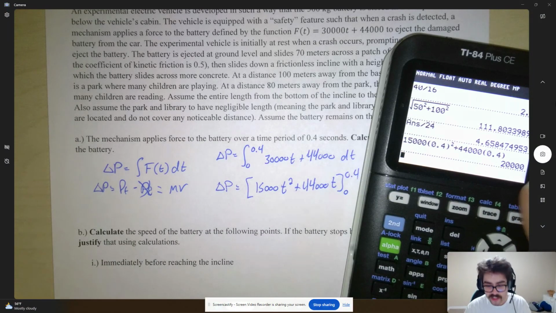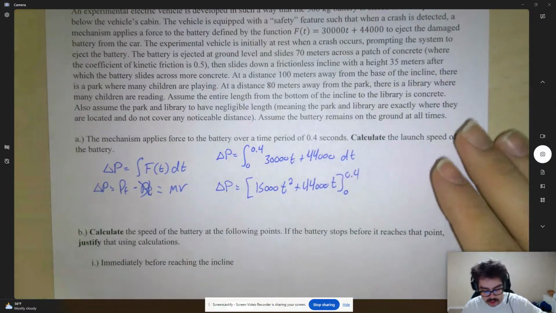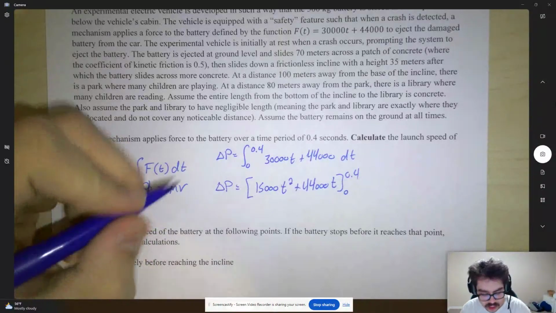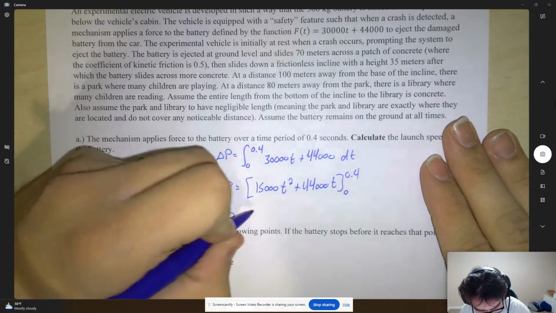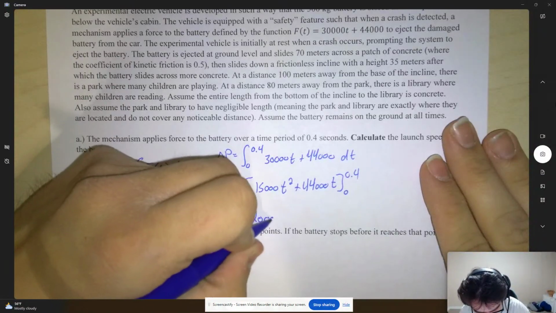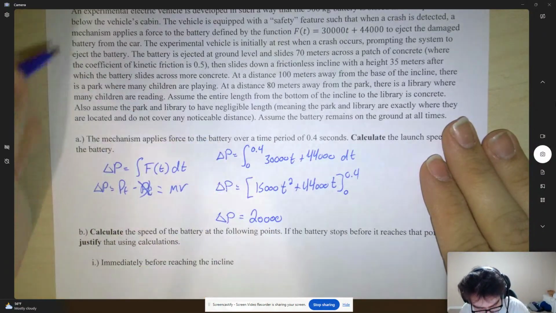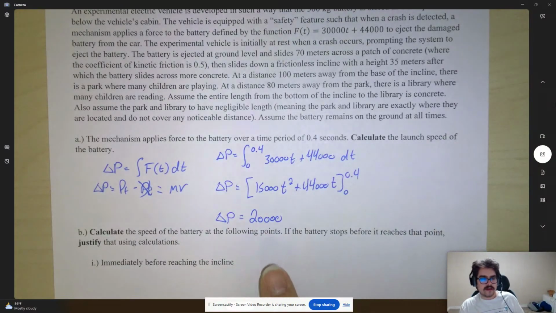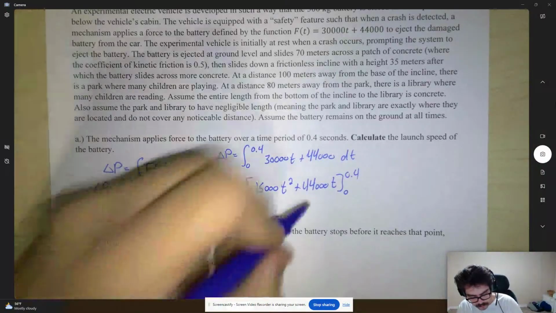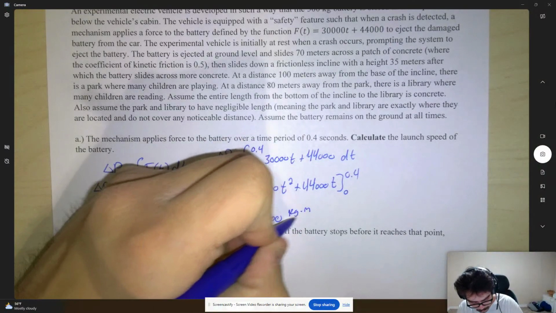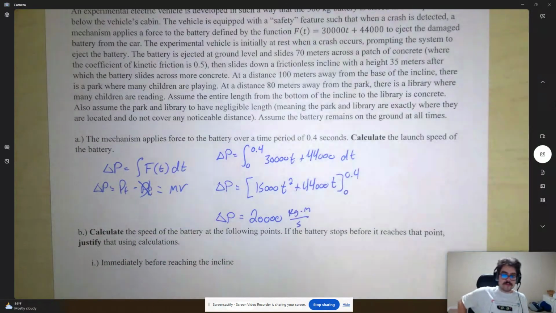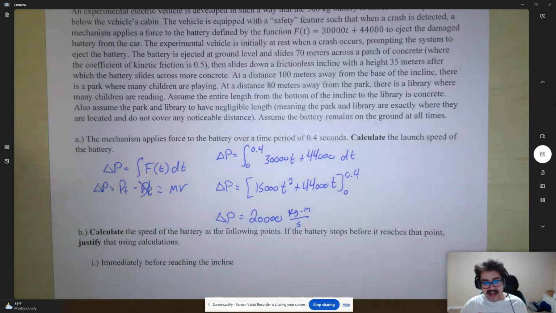And I should get 20,000 as the change in momentum, it's not angular momentum, it's change in momentum. Delta P is equal to 20,000. What are these units? Kilograms times meters per second, right? This is 20,000.